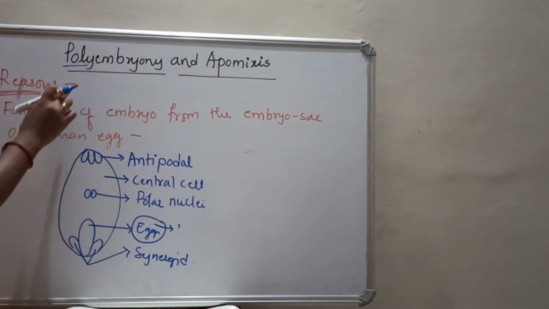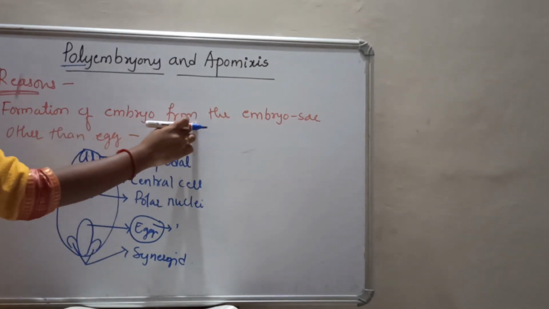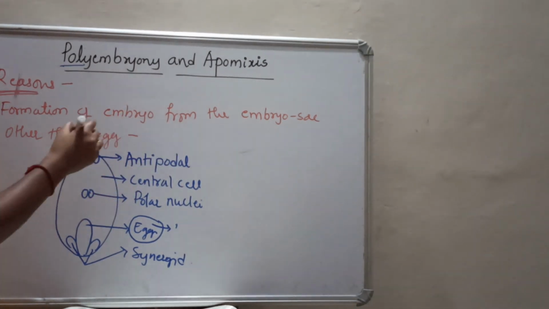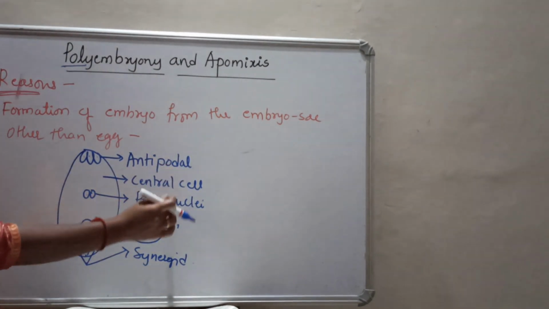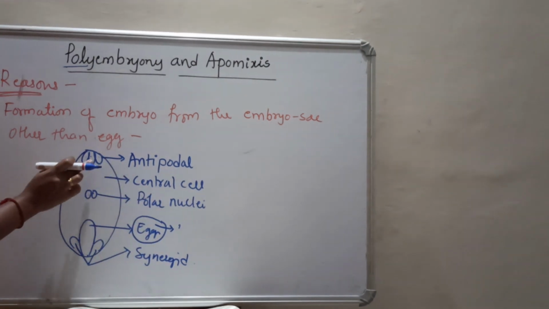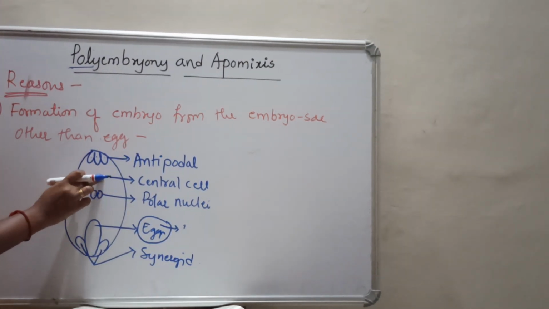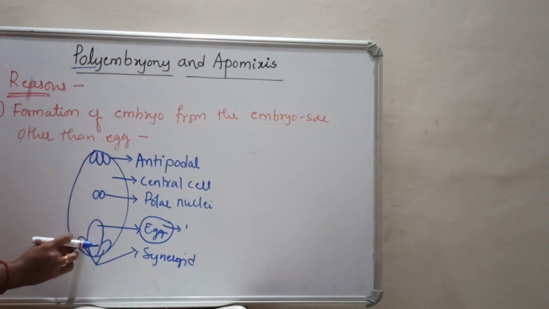Here the first reason is the formation of an embryo from cells other than the egg cell. Except for the egg cell, the antipodal cells, central cell and synergid cells are present, and these cells may develop into an embryo. The embryos may develop from the antipodal cells, the central cell, or the synergid cells.